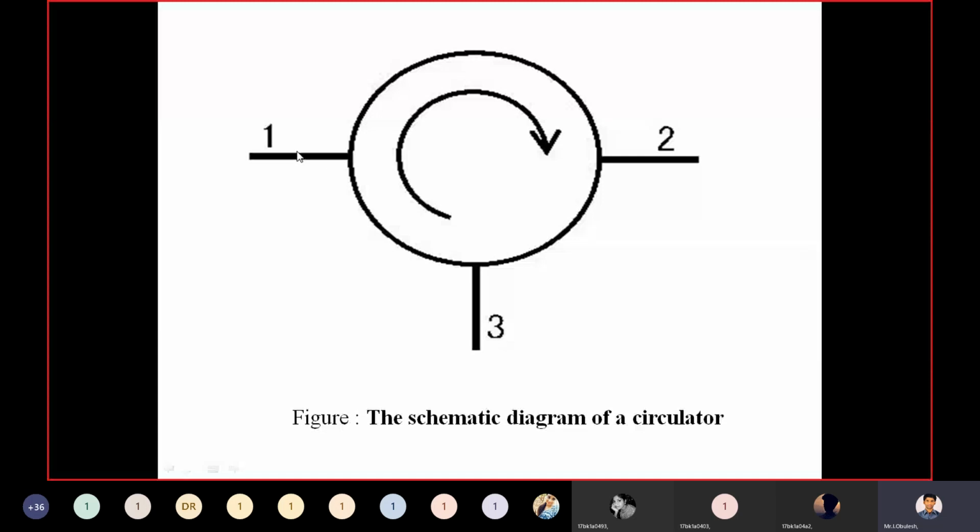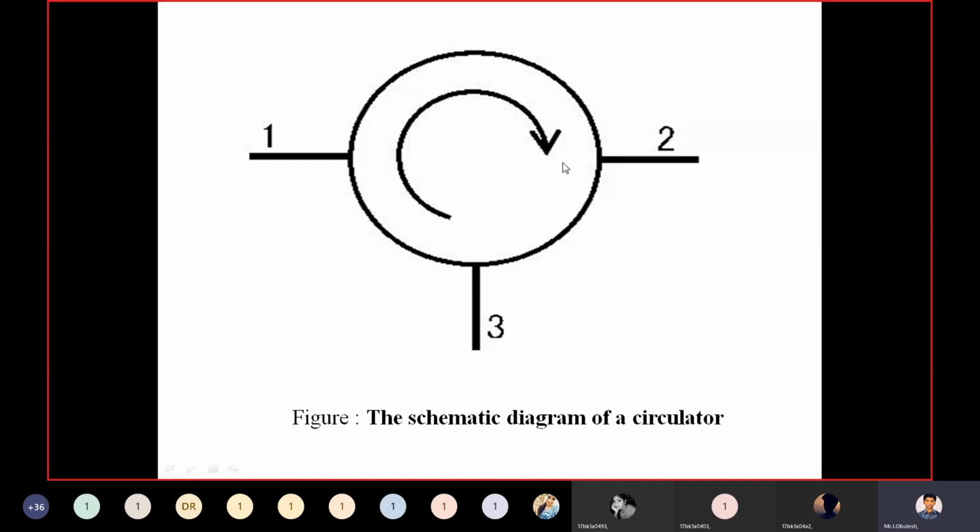You need to remember, this means that in this 3-port circulator, the wave will be traveling in a circular manner. If you are applying your input through port 1, the signal will be rotating in this direction, and will come out from port 2. If you are applying the input signal through port 2, the signal will be traveling in this direction.